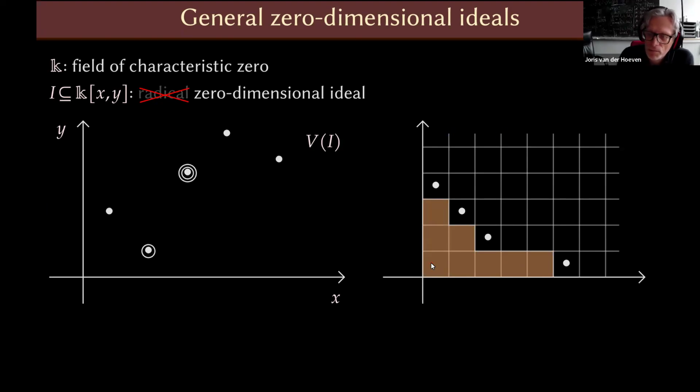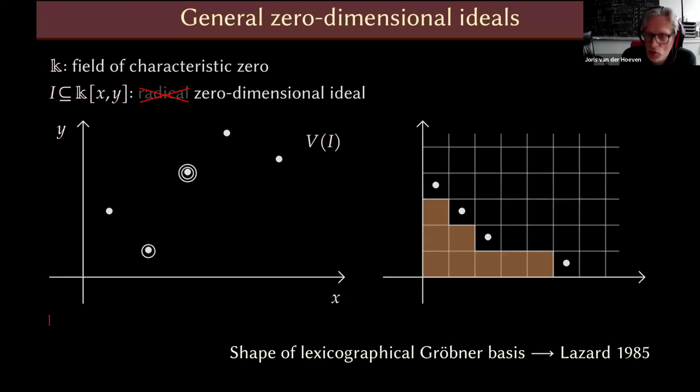But if we have multiple points, like in the non-radical case, then the Gröbner basis may have, under the staircase, things that are a bit higher, like we see here. So all this is actually also well understood. The shape of the lexicographical Gröbner basis in this case was described completely by Lazard in 1985.